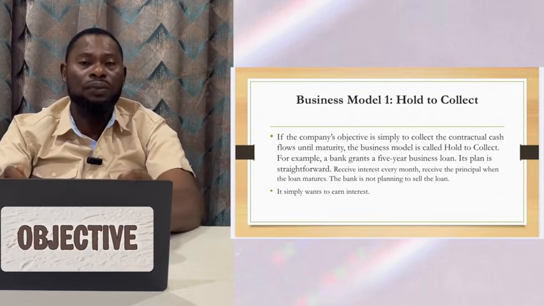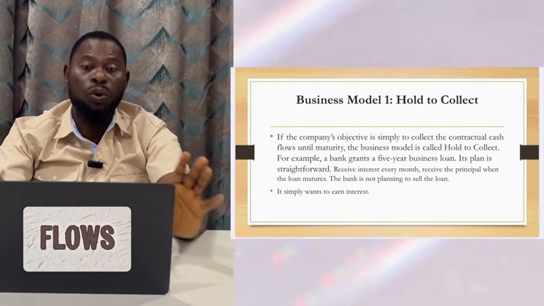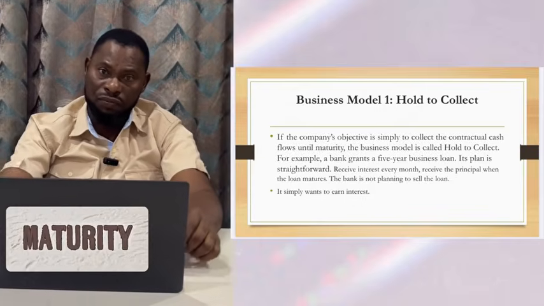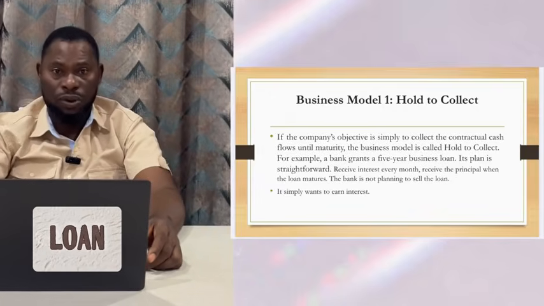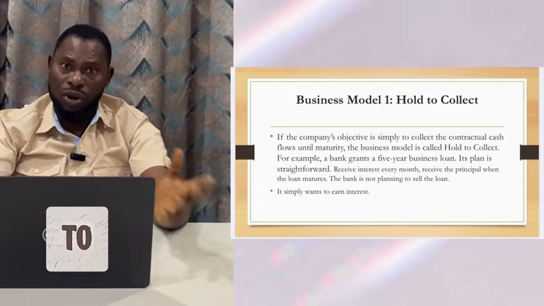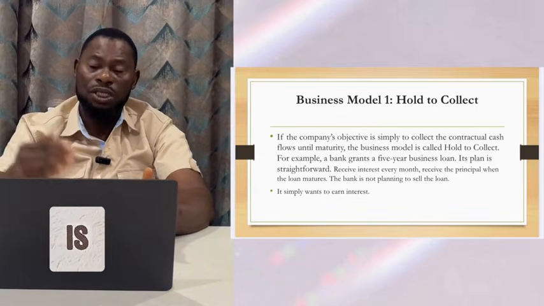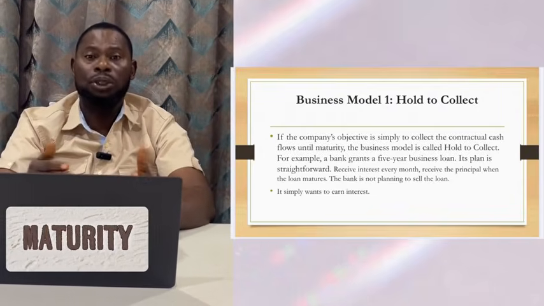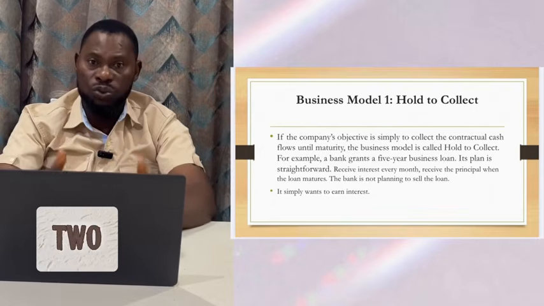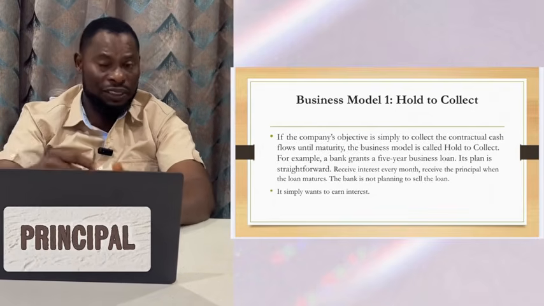If the company's objective is simple, just to collect the contractual cash flows until maturity, like a bank that grants a loan to an individual or to another company, and the contractual agreement is you pay this interest, a certain percentage, and then at the maturity period, if it's 1 year or 2 years or 3 years, as the case may be, you also pay back the principal.